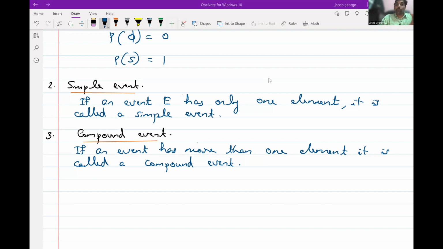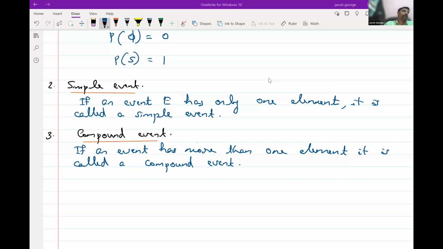For example, A or B: if "or" is a connecting word, as in permutations and combinations, we put A union B. A and B is A intersection B. Not A, in questions the word will come like this, not A. Not A means A complement.